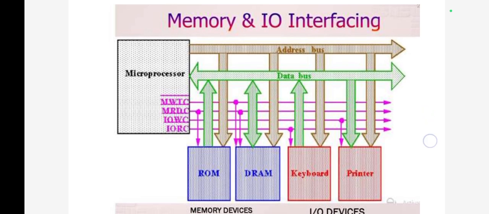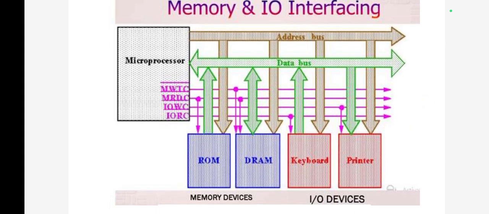And how the memory and I/O interfacing is done. This diagram symbolically represents a microprocessor, and at the bottom we can see some memory devices also available. Memory devices means read-only memory and random access memory. Here dynamic RAM and read-only memory are connected.